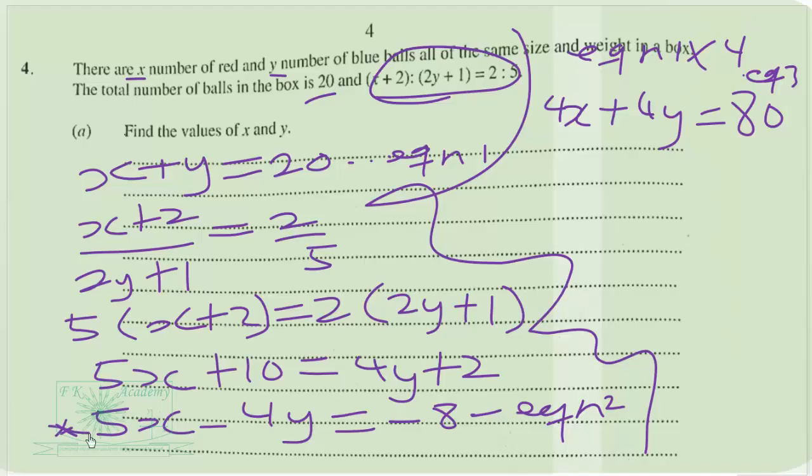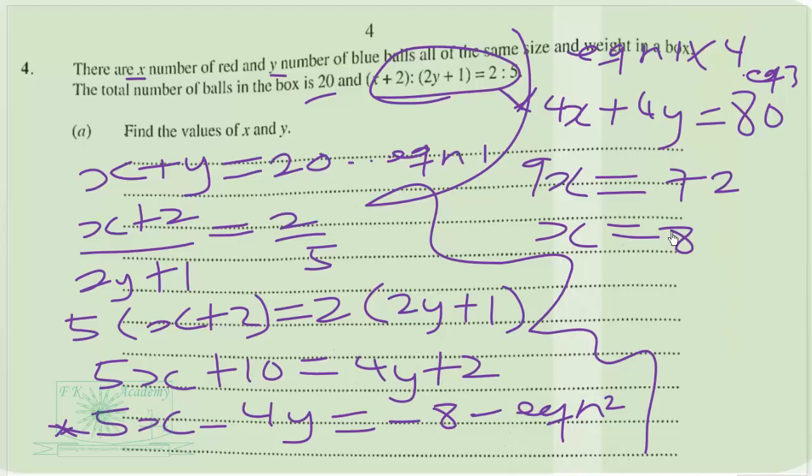So 4x plus 5x will be 9x. 4y plus negative 4y will be 0. Then negative 8 plus 80 will be 72. So 72 divided by 9 will give us 8. So x will be equal to 8.